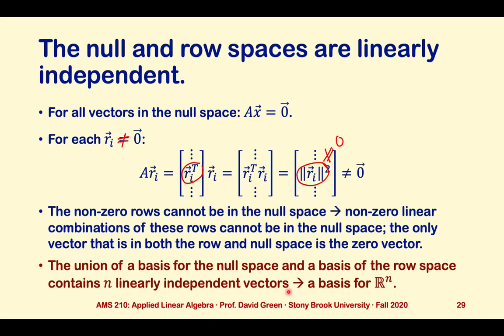There has to be n of them because the sum of the dimensions of these two spaces is n. They have to be linearly independent because we started with a linearly independent set for the null space, a linearly independent set for the row space, and we've seen that these two groups must be mutually linearly independent. A set of n linearly independent vectors from Rn is a basis for Rn.